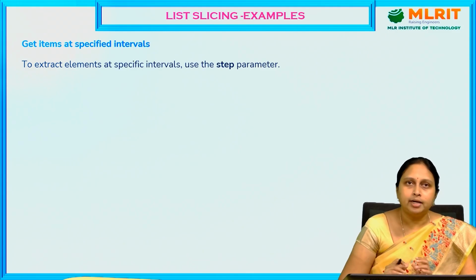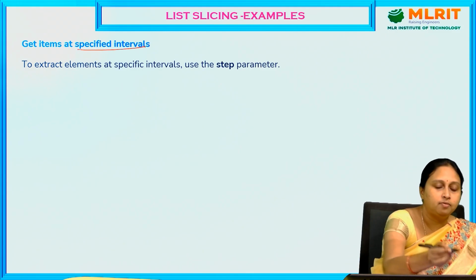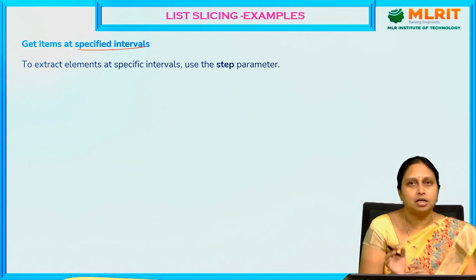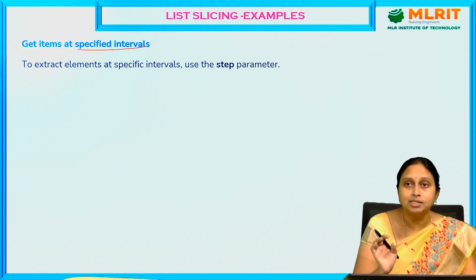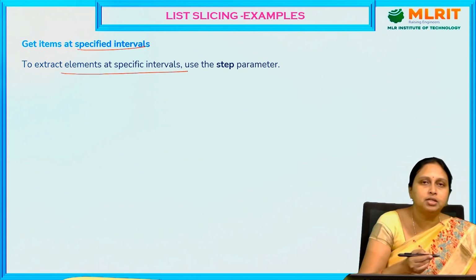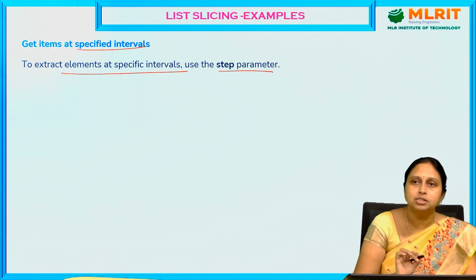Next, getting items at specified intervals. We are going to get the items at specified intervals. That means we are going to concentrate on the step. That means to extract elements at specific intervals, use the step parameter. We need to concentrate on the step parameter here.